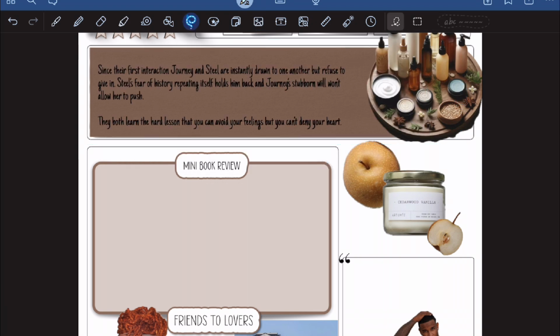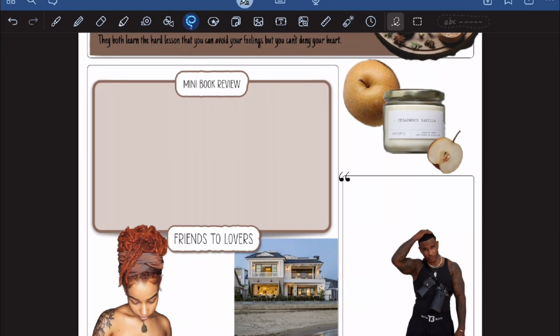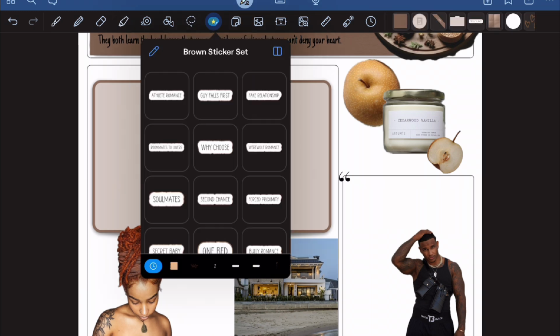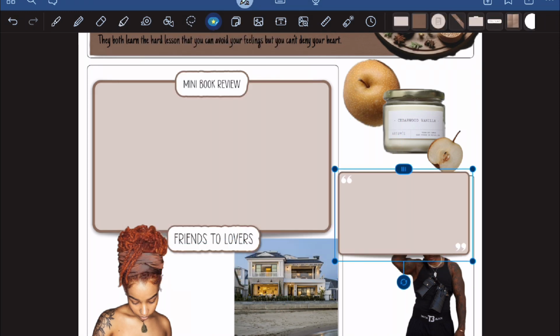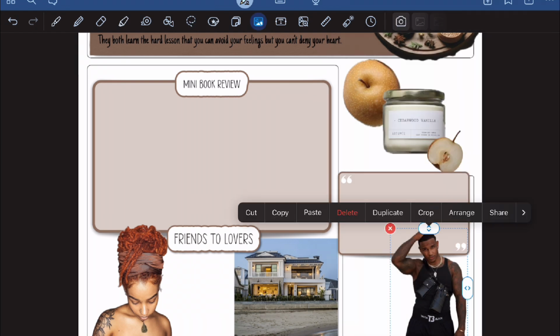So we first meet Journey in True's book, and we also first meet Steele, who is Journey's love interest in her book, in Forever True, as Cash's security guard and friend. So that's how Journey and Steele meet, through True and Cash.